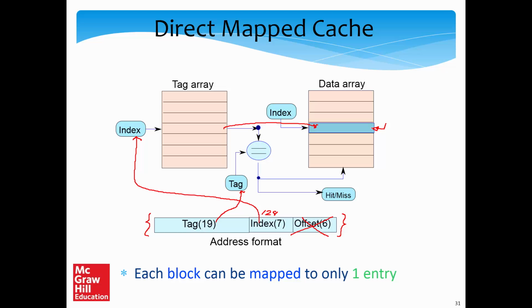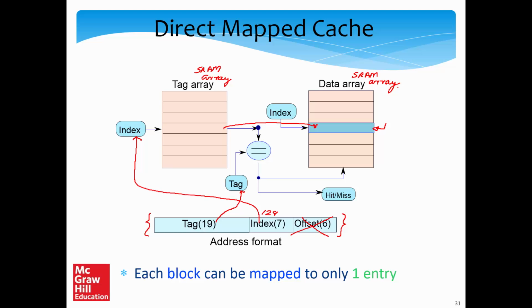Unlike a fully associative cache, we don't need to use CAMs at all. So the tag array can be an SRAM array, and both the tag array and the data array can be arrays of SRAM cells.